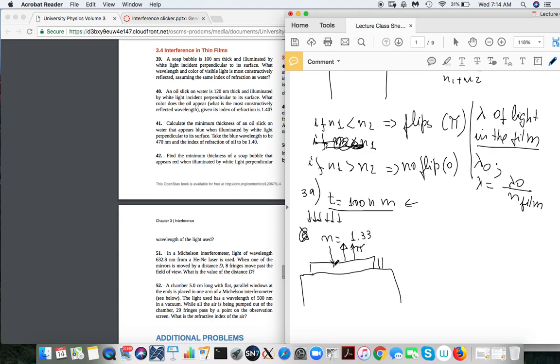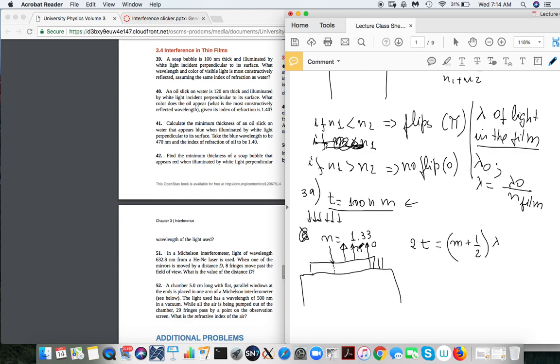So the light ray that's reflected from the very top flips. Then you want 2t, 2 times the thickness, which is the optical path, to be equal to an integer number of wavelengths, right? Why is that?